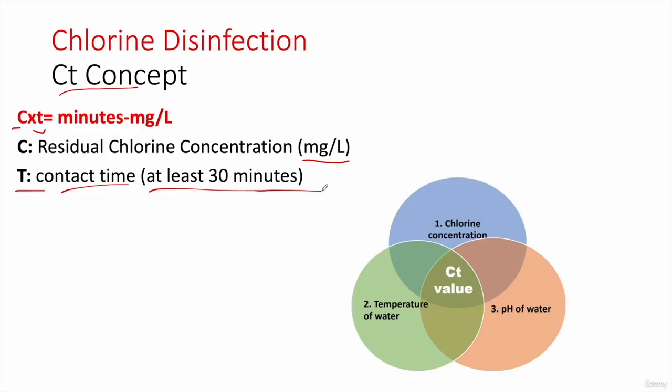If you are new to this concept, it might look a little bit complicated to understand, but things will get clearer as we move forward, don't worry. Now the CT value depends on 3 main factors. First of all, the chlorine concentration. We will see later on that the higher this concentration, the better it is.